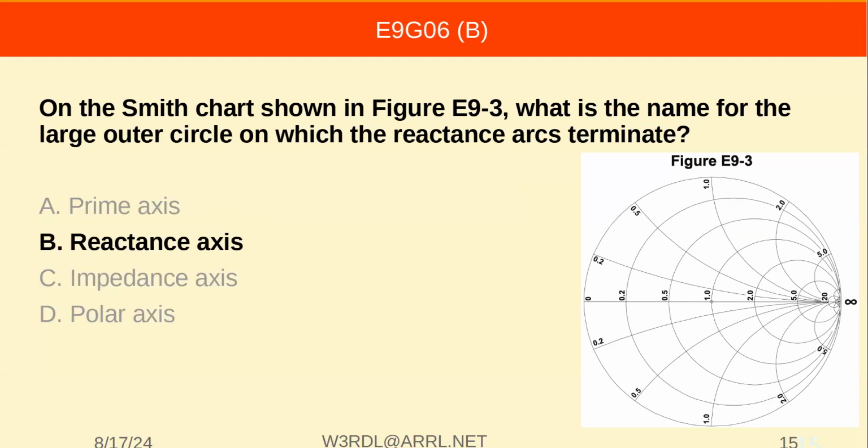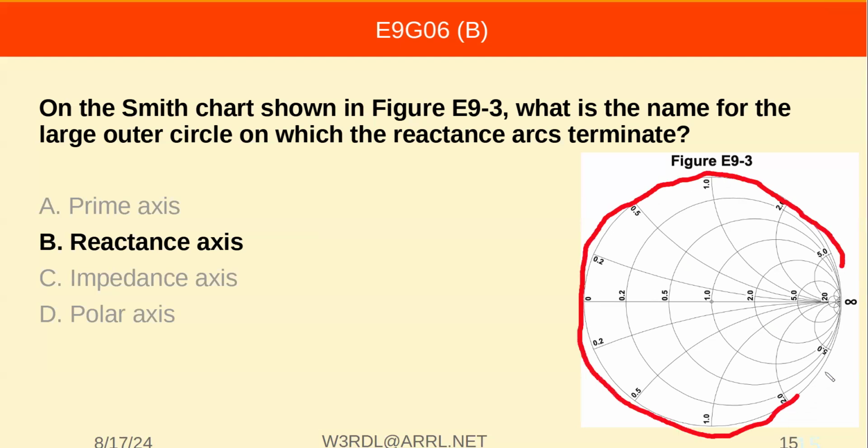Right. It's an axis even though it's curved. The large outer circle, this one. That's the reactance axis. Remember, if we hadn't curved it, it would be vertical.